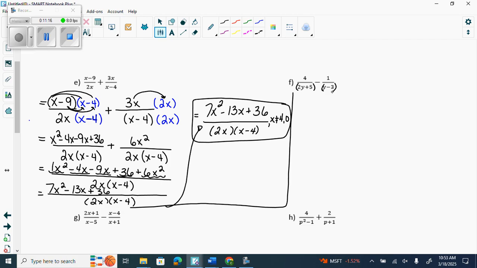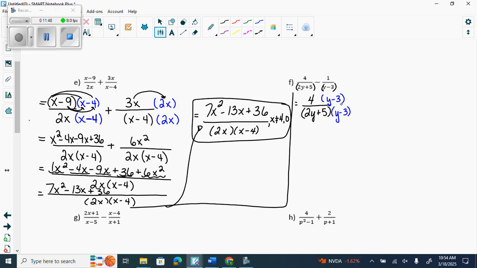So I'm going to rewrite it as 4 over 2y plus 5. And what am I going to multiply this one by? Y minus 3. Would distributing the denominators make my life better? Think about it. Because a lot of you guys just do stuff because you see brackets and you just go wild. Would distributing the denominators make my life better? Or would it make it harder to find restrictions? It would make it harder to find restrictions, right?